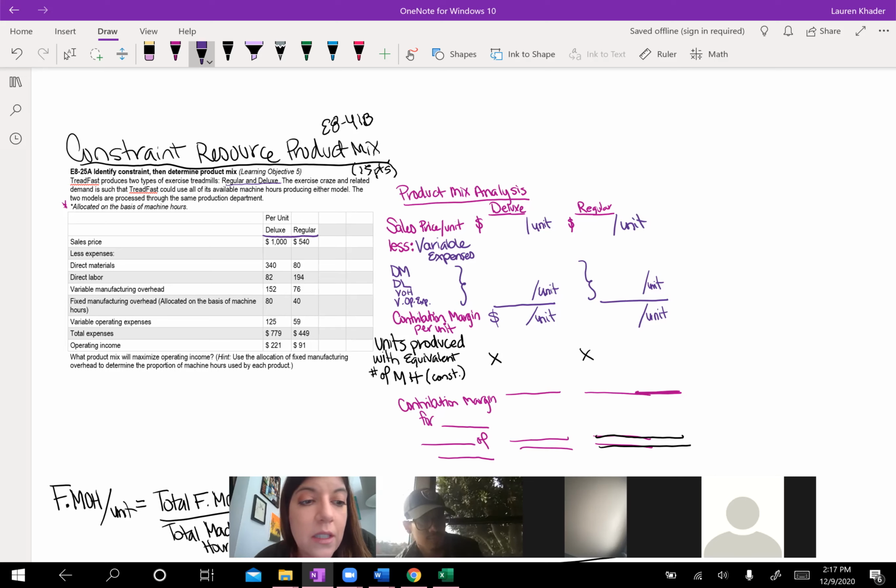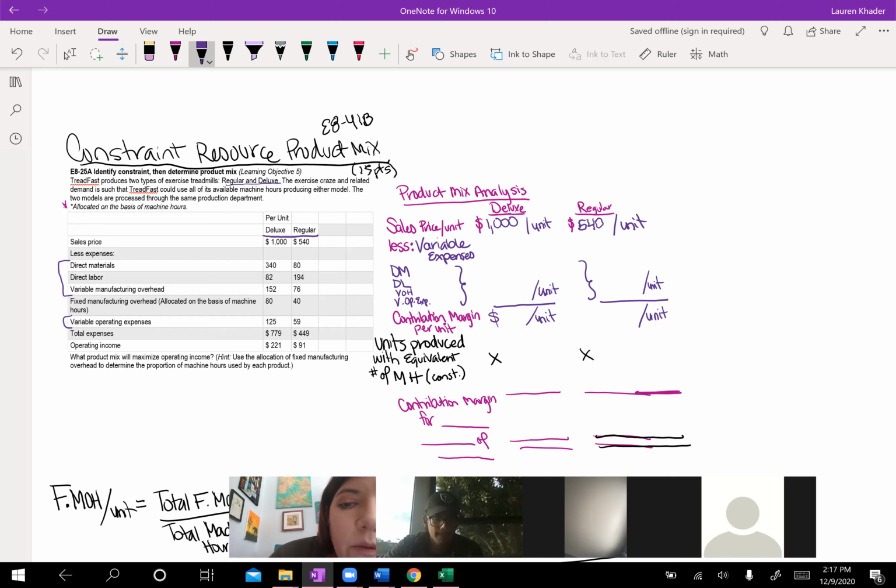First thing we need to do, because it's not given to you, is calculate contribution margin per unit. So contribution margin is sales, the selling price per unit, minus all variable expenses. The deluxe model has a selling price per unit of 1,000. The regular model has a selling price per unit of 540. And then we have four variable expenses.